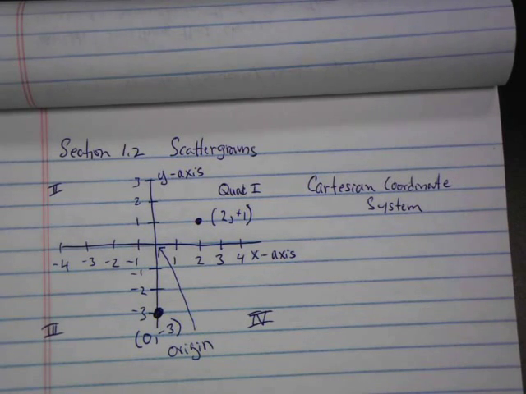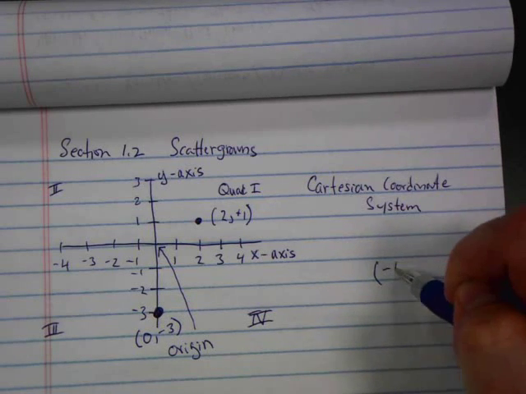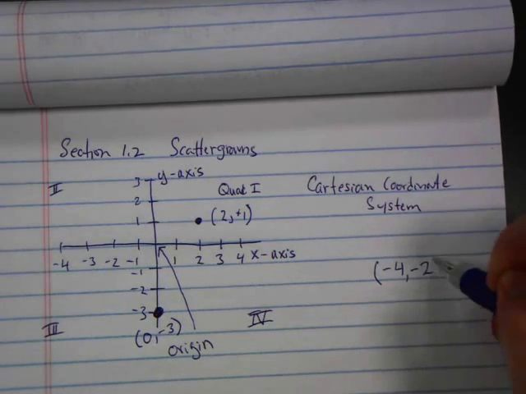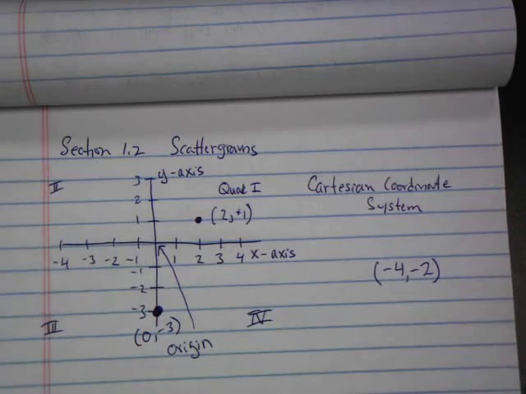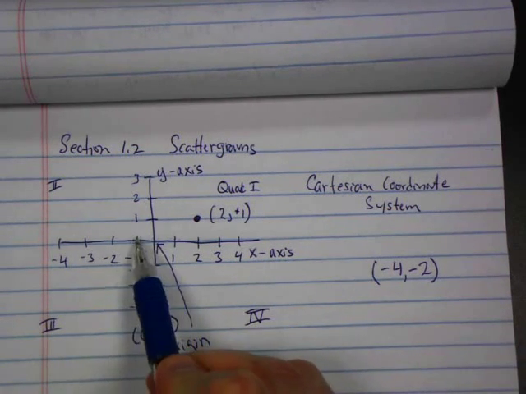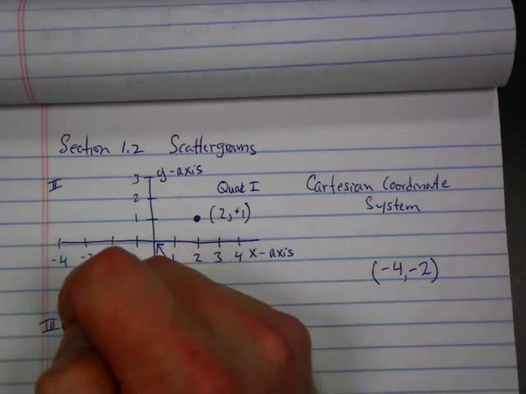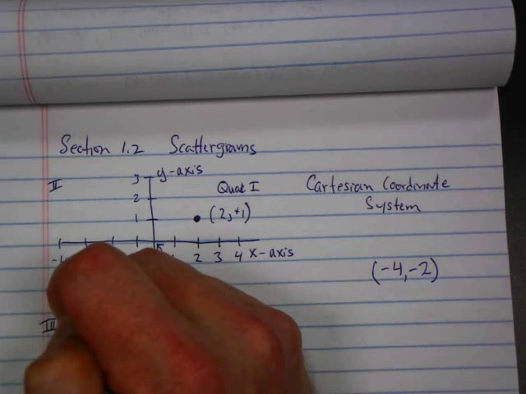So it's over and down. Over 4, left 4, and then down 2. So the point negative 4, negative 2, I would start at the origin, go left 4, and down 2. So negative 4, negative 2 would be right there.